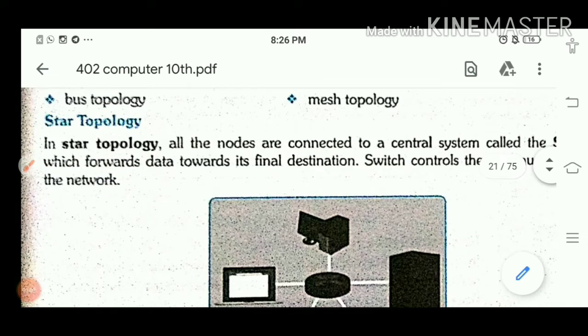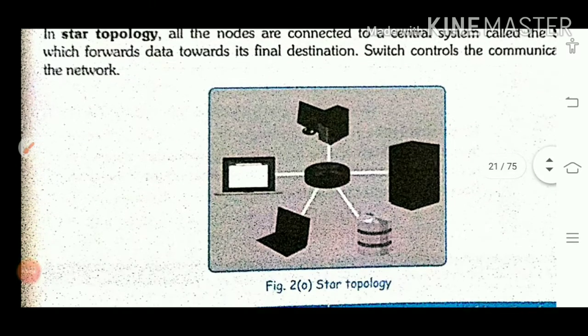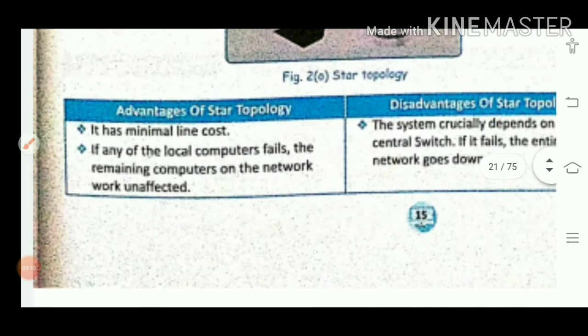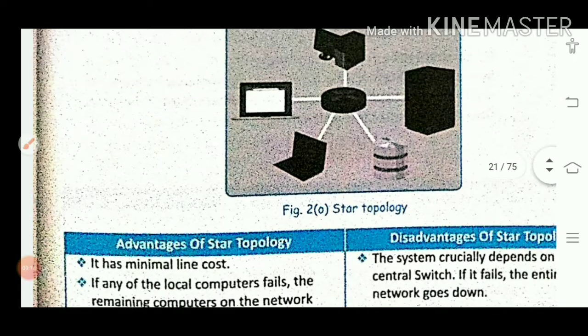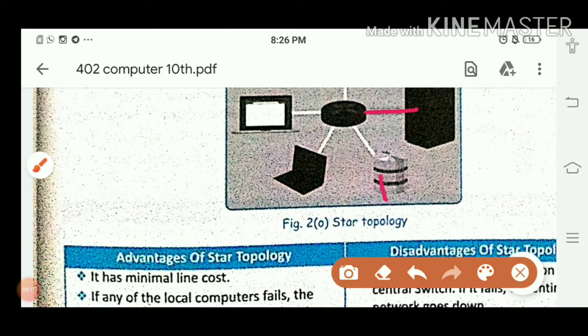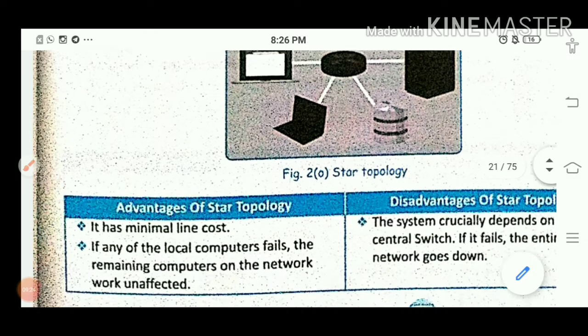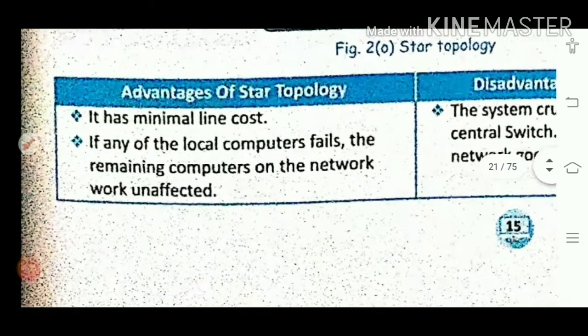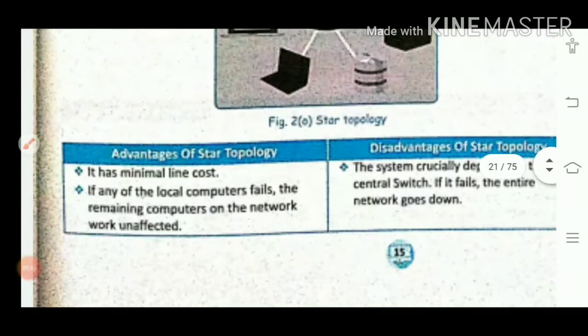In star topology, all the nodes are arranged in the form of a star. Look, this will make one star. The advantage of this star topology is minimal line cost. Line cost is minimum because they are using such small wires. One more advantage is that if any of the local computers fails, the remaining computers of the network will work unaffected.